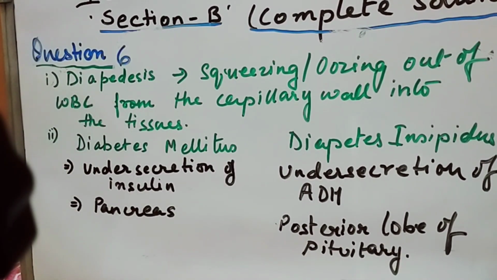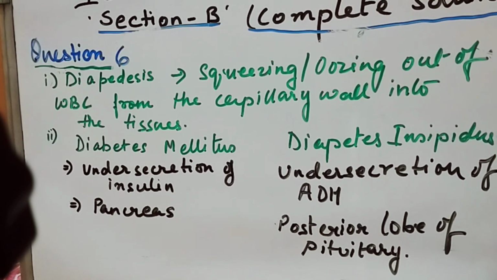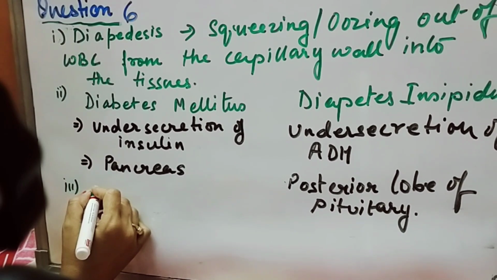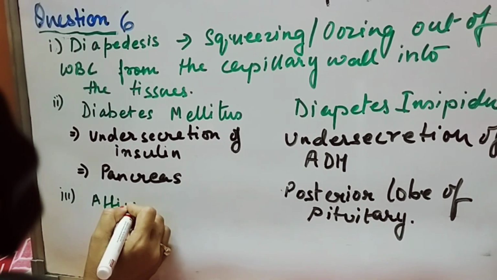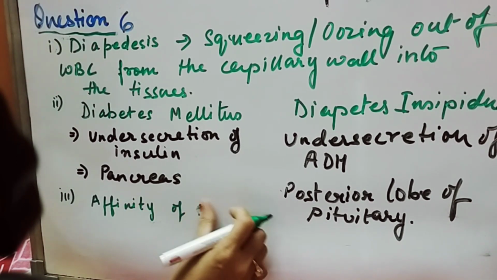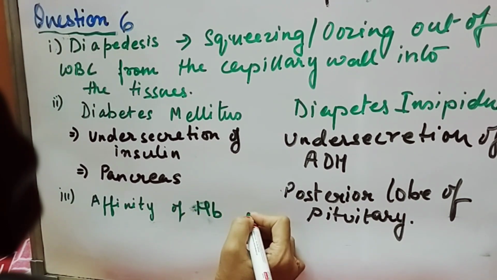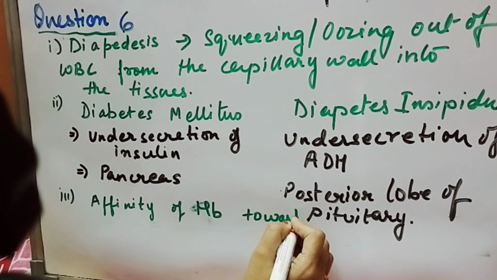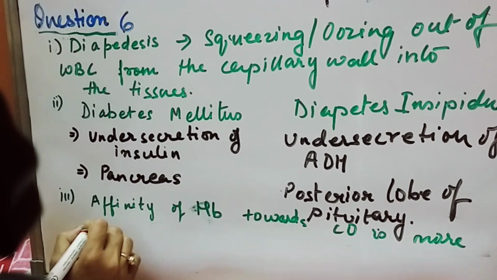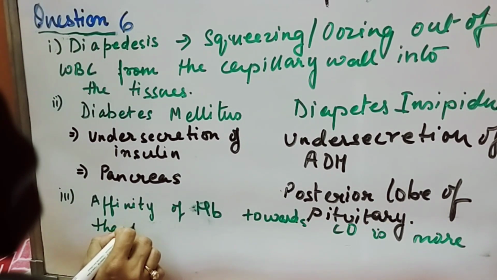The next question is carbon monoxide is dangerous when inhaled in excess. Comment on the statement. So you have to write the reason. As we know, affinity of hemoglobin towards CO is more than oxygen.